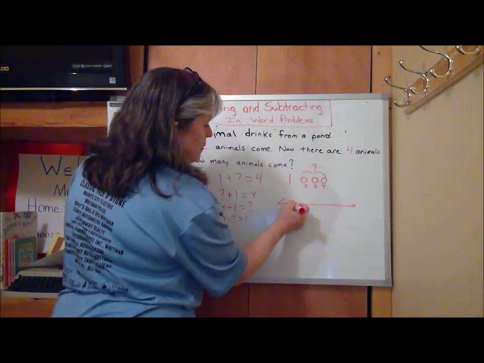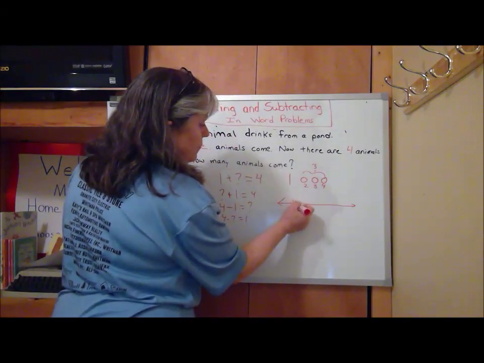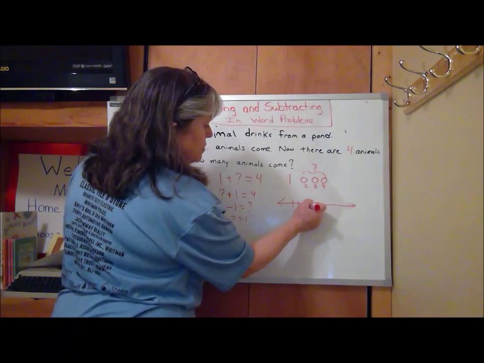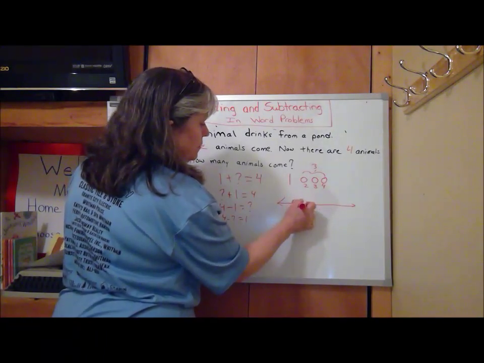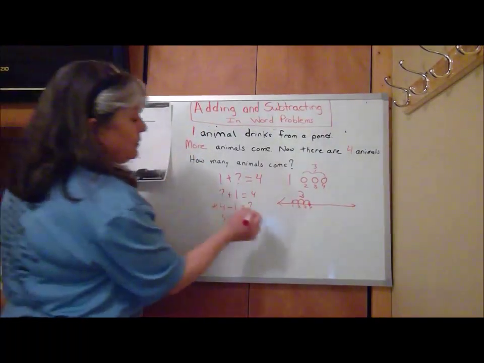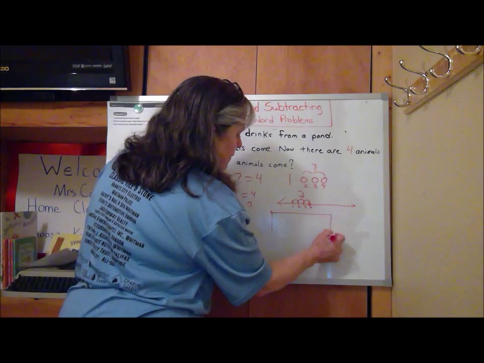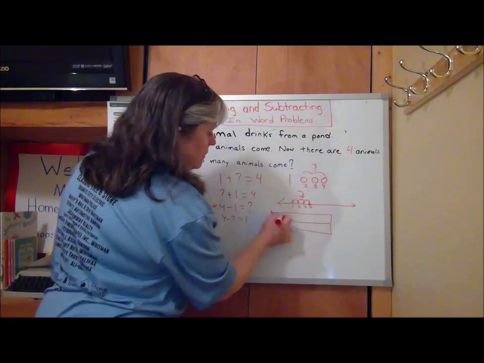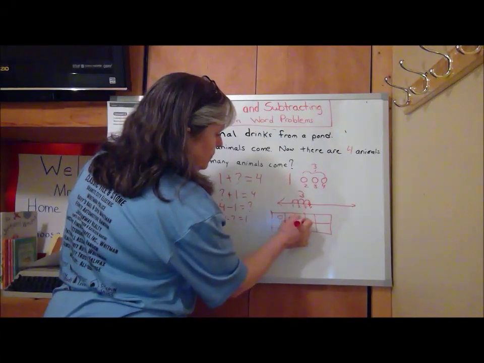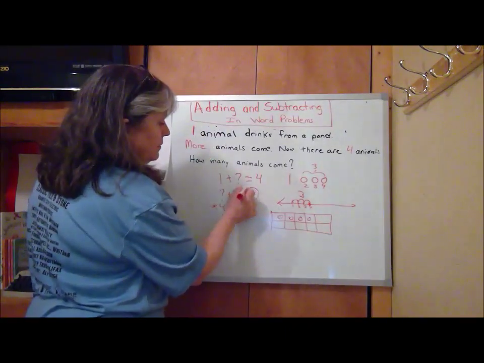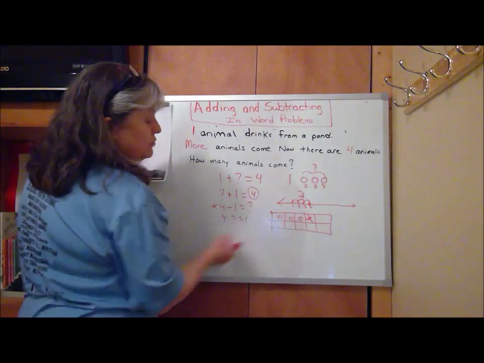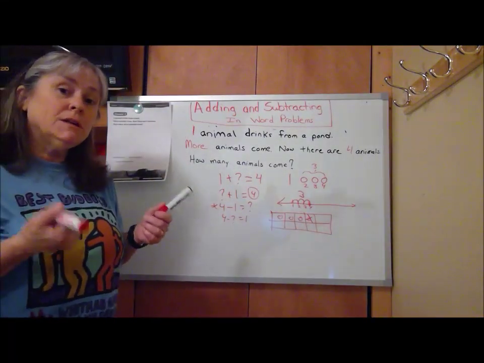I'll just start at 1 because that's the one I know. 1, 2, 3, and I'm going to stop at 4. So 1, 2, 3. That's a 3 again, right? I could do a 10 frame. And I have 1, 2, 3, 4 all together, and I started with 1. So that means 3 showed up, right?